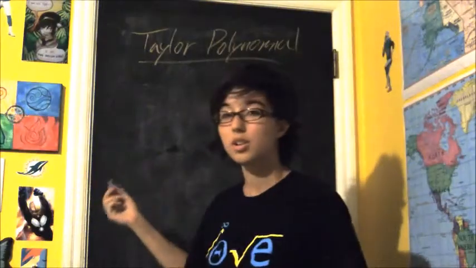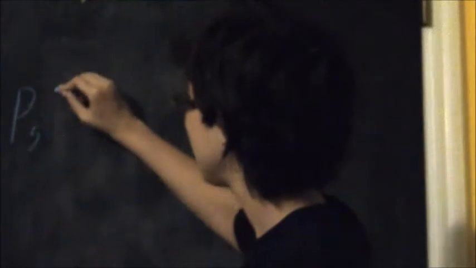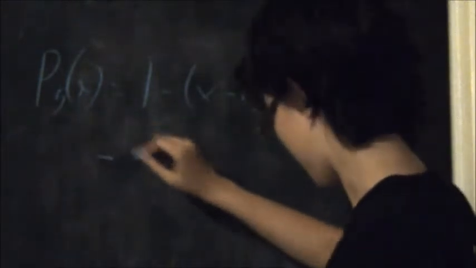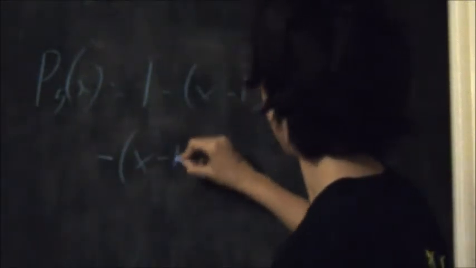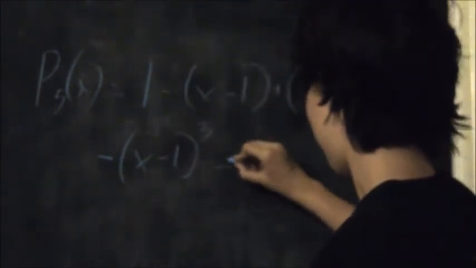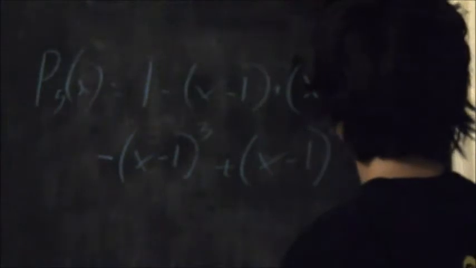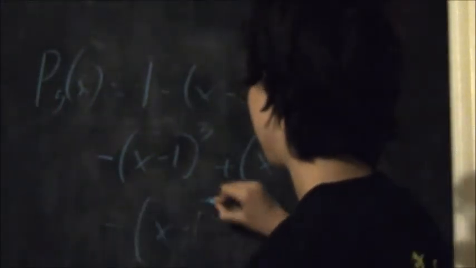So now let's rewrite it. After we cancel out all that, we're left with P equals 1 minus 1 times x minus 1, plus x minus 1 squared, minus x minus 1 cubed, plus x minus 1 to the fourth, minus x minus 1 to the fifth.